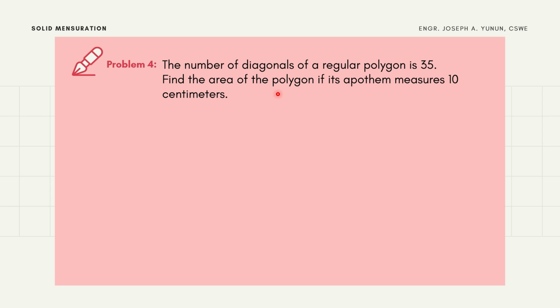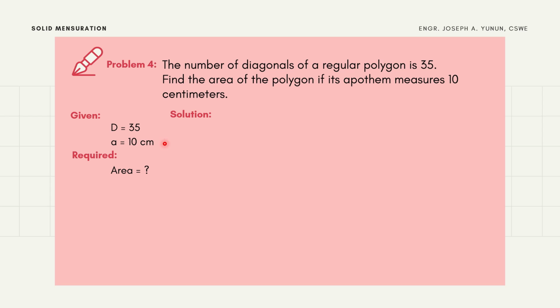The given are: the number of diagonals of a regular polygon is 35, and its apothem measures 10 centimeters. Those are the given values. Now the required is the area. So find the area of the polygon.